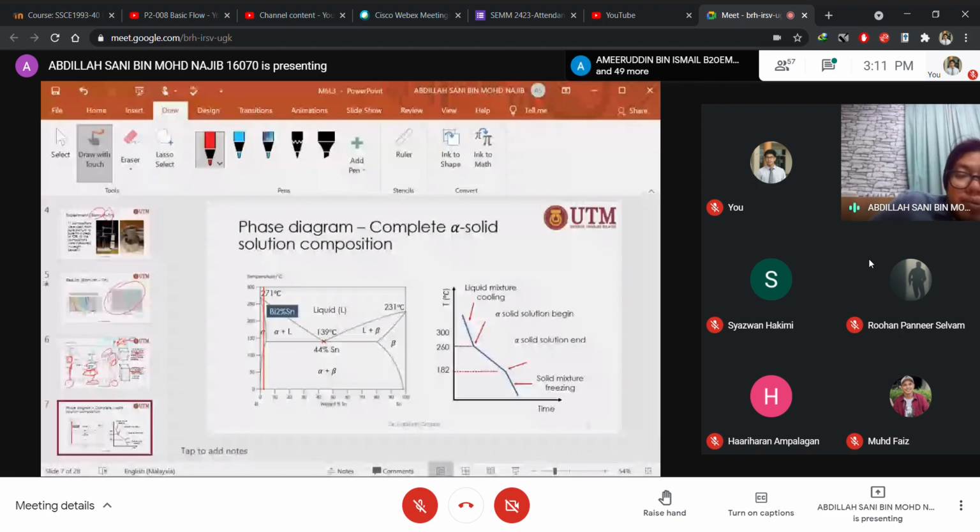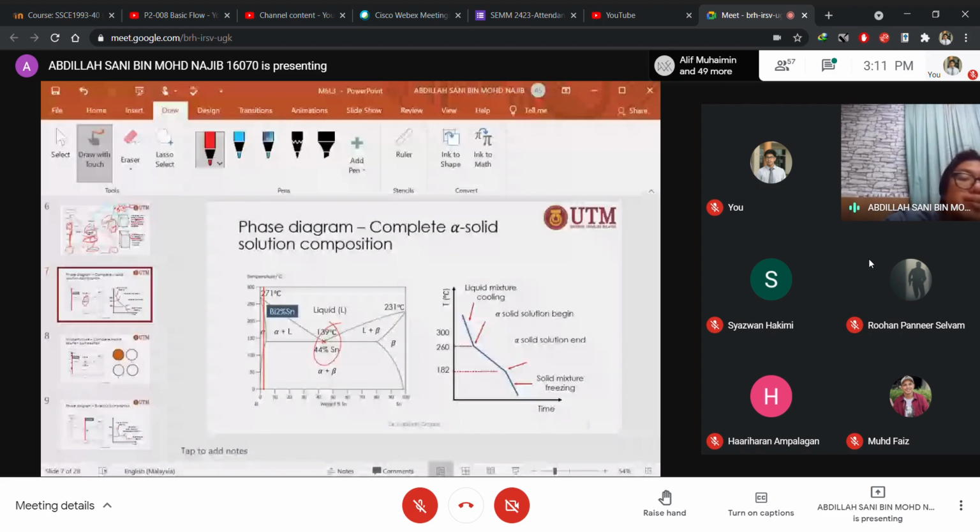We want to know what happened at this line, at this eutectic point. Sorry, not yet. We go little by little. We go to this line first. If we have this line, what happened? At first, it is in liquid form.